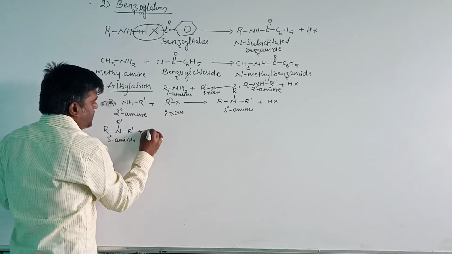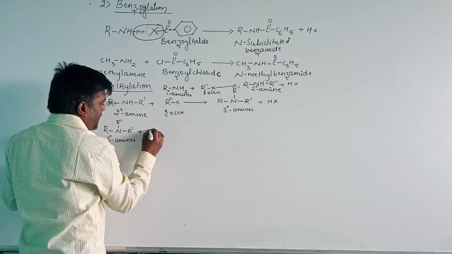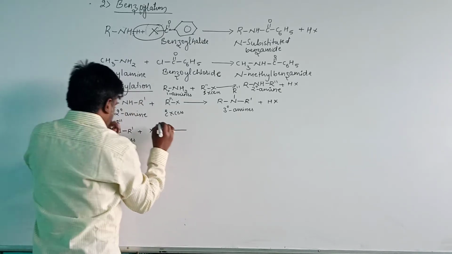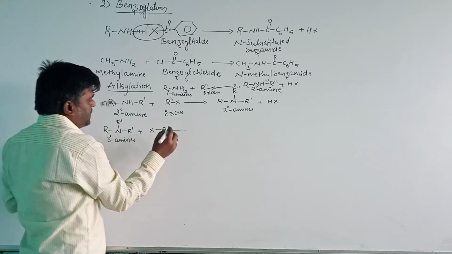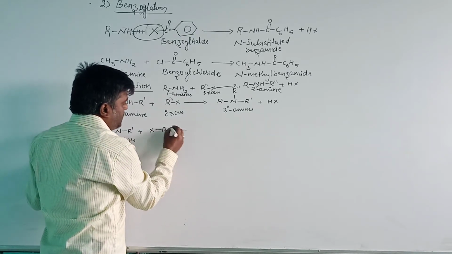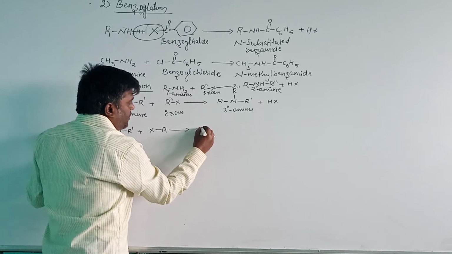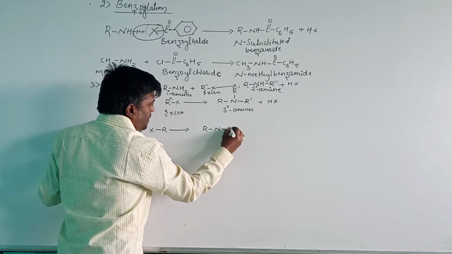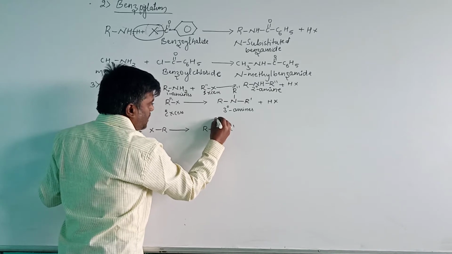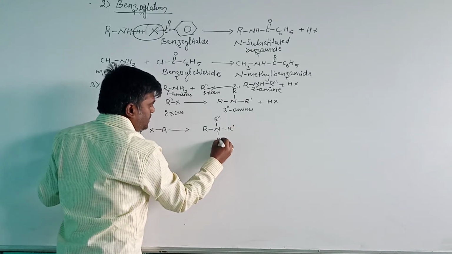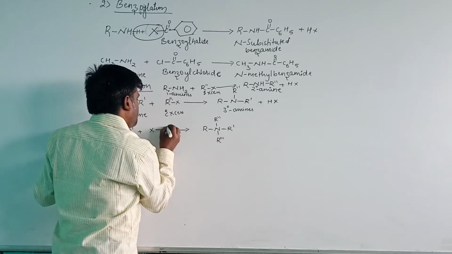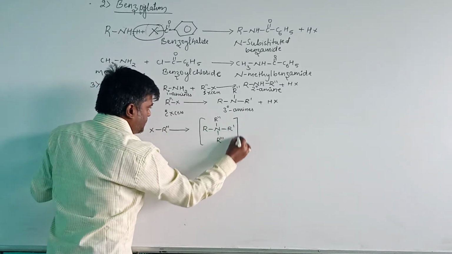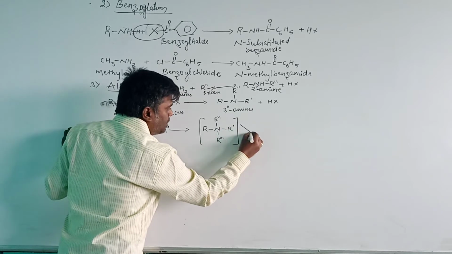These further react with the alkyl halide RX, and it will produce the compound called the quaternary ammonium salt, with R, R' and R'' on the nitrogen, and the halogen will be outside.